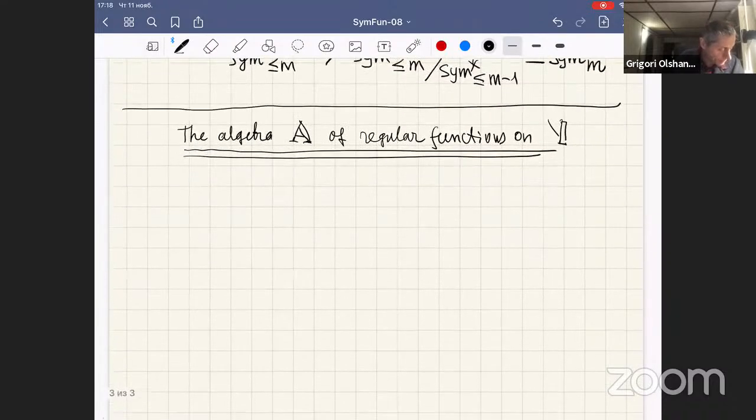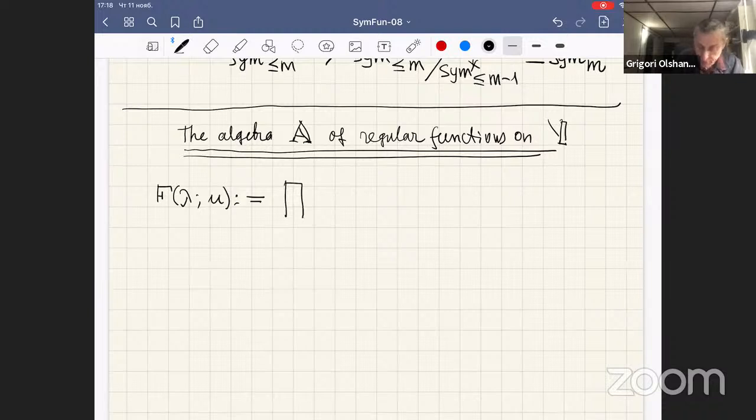I recall some old result from lecture 4, I think, as follows. Let's consider the so-called characteristic function of a Young diagram. Let lambda be a Young diagram, a partition, and u be a complex variable. Then this is by definition the following.